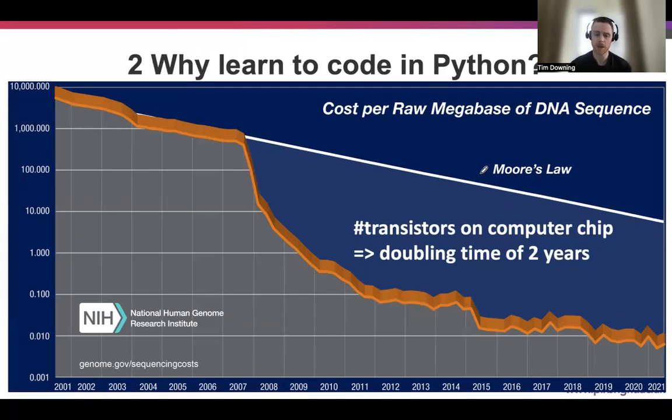And we see that sequencing technology had a big jump in 2007, 8, 9, where it was in excess of Moore's law, but has since become more comparable to it. So we can at least assume that the volume of data that we're dealing with in 2 years' time will double, and in 4 years' time will be considerably larger as well. And we need to have the computational skills to deal with this.